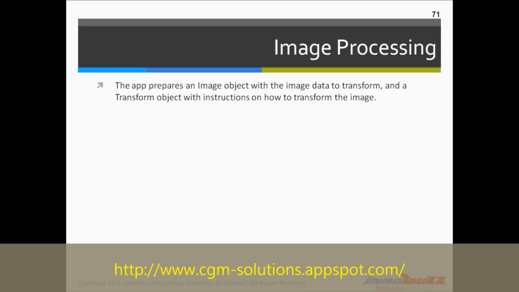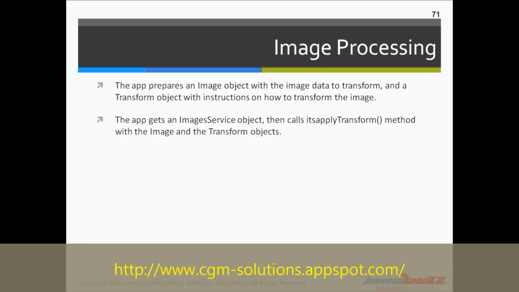The app prepares an image object with the image data to transform, and a transform object with instructions on how to transform the image. The app gets an image service object, then calls its applyTransform method with the image and the transform objects.